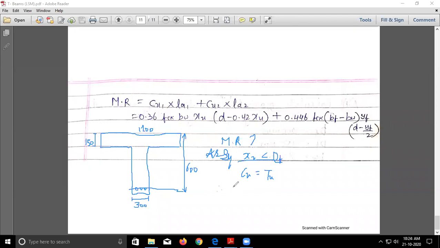So therefore, XU, you will get a value. Let me write this value: 39 point.